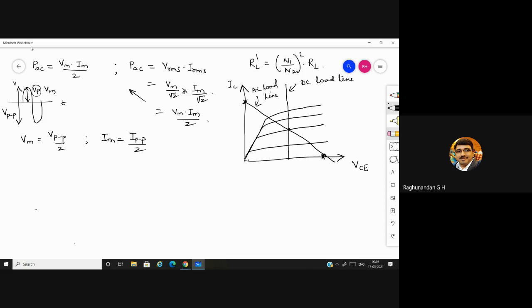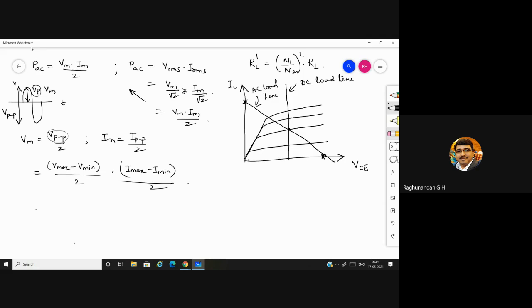For this peak to peak voltage and current, we can rewrite peak to peak as V max minus V min by 2 into I max minus I min by 2.